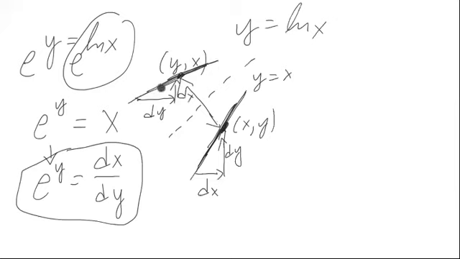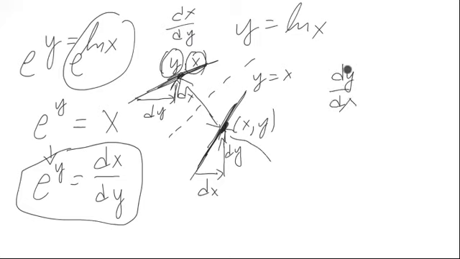So the slope of this tangent line, which is represented by dx/dy, is actually the reciprocal of the tangent line over here, which is dy/dx. So if we want to compute the derivative at the point (x, y) over here, and we know that over here, if x is representing the output and y is representing the input, the slope is represented by dx over dy, then the slope right here at this point is going to be dy over dx, which will be the derivative.